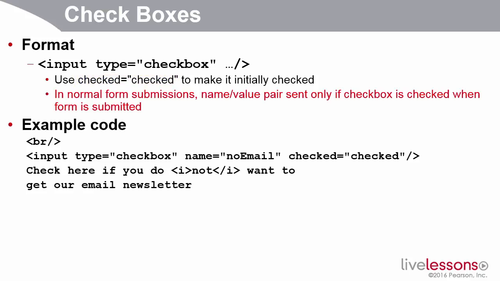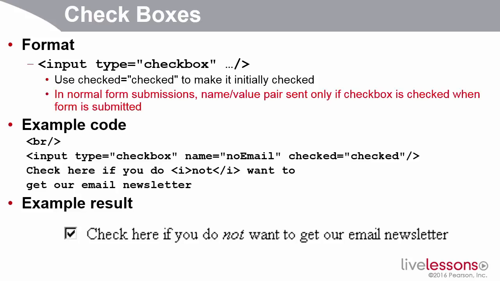All right, so in a normal form submission, I would give it a name so that it can appear in the query parameters. And because I'm trying to follow the rules of XML, if I want it to be initially turned on, then I need to use the checked attribute, but I have to supply a value for that attribute. Okay, and so it might look something like this.